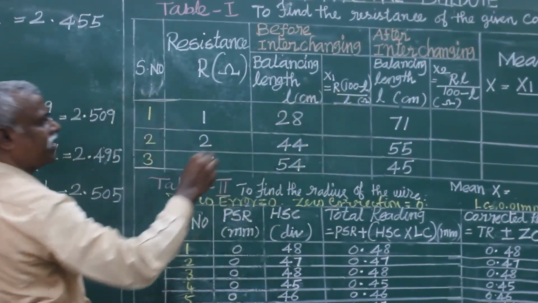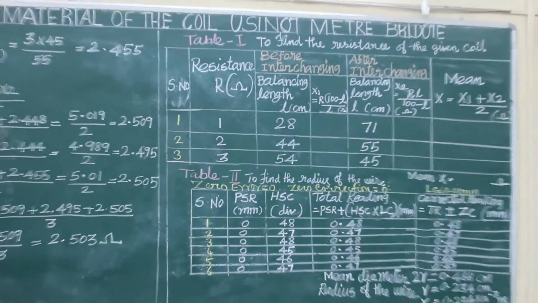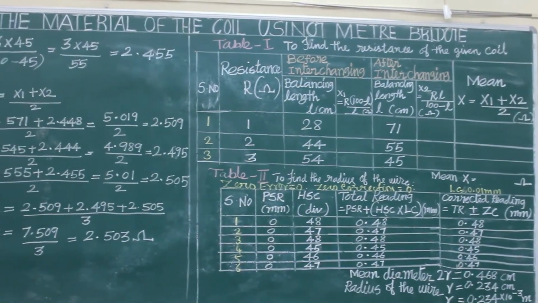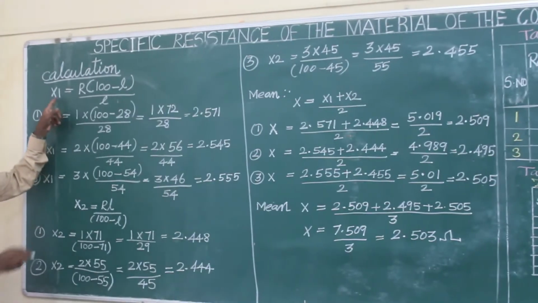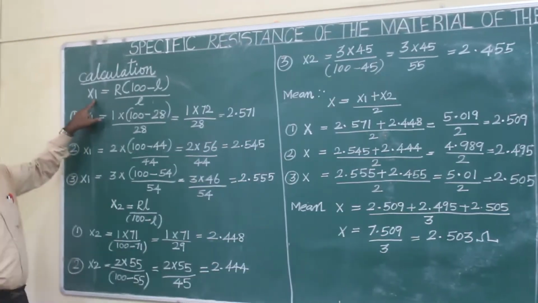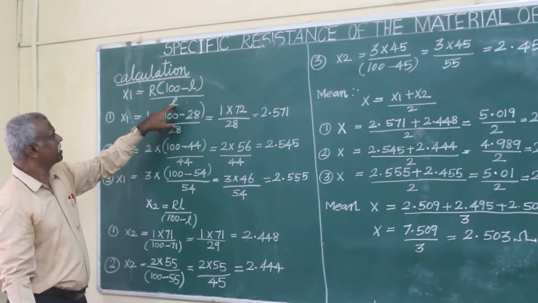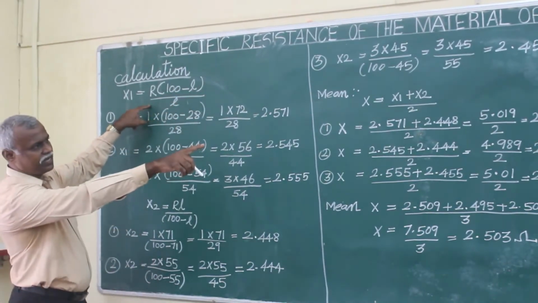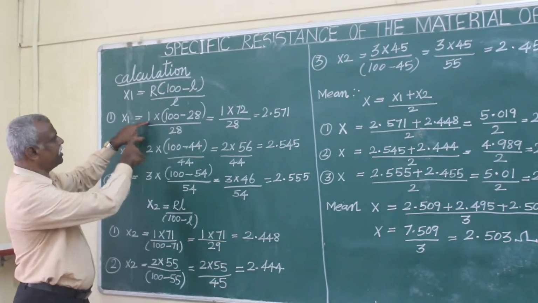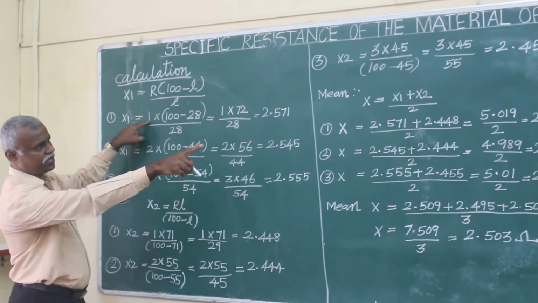So, you have to go for the calculation now. First, this is the formula, the same formula I am writing here. X1 equal to R into 100 minus L by L. First, resistance will be 1 ohm. So, substitute here R equal to 1.